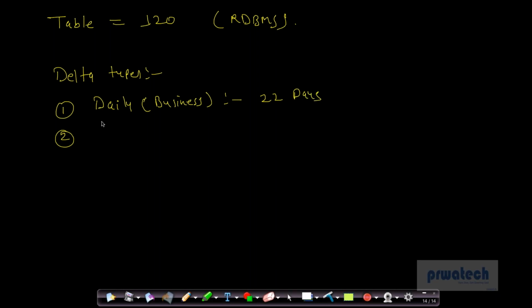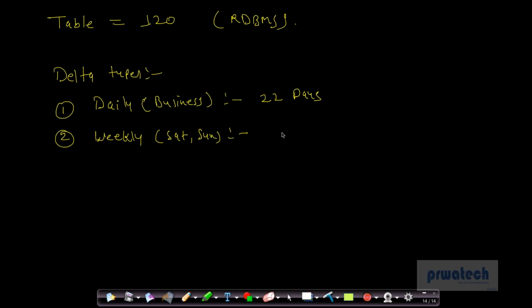Then weekly, or before monthly, there are some tables that store data on a yearly basis, and they write data based on that. So here we'll use concrete terms: daily, weekly, and monthly. These are three different data types. Weekly means Saturday, Sunday.